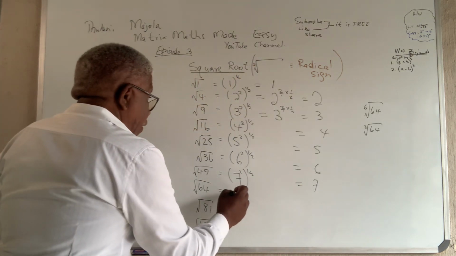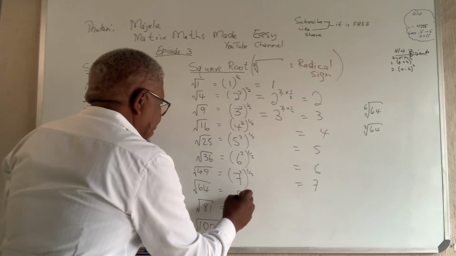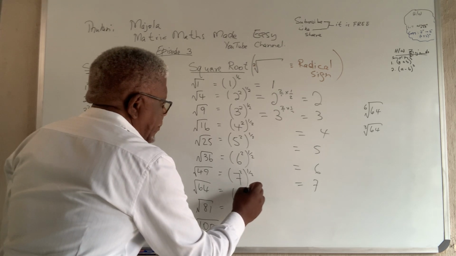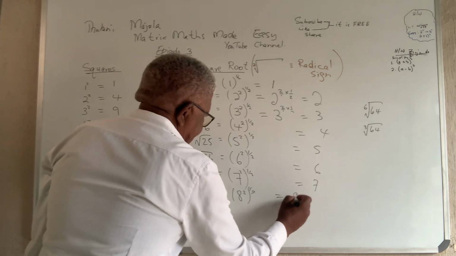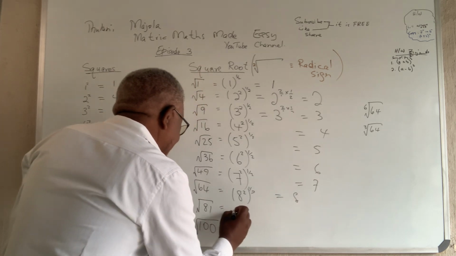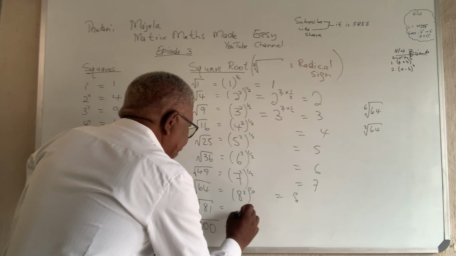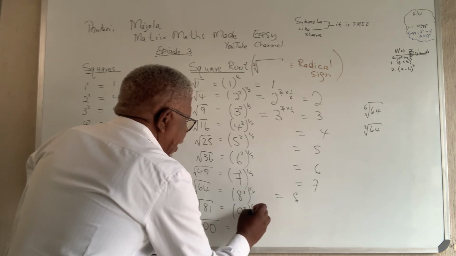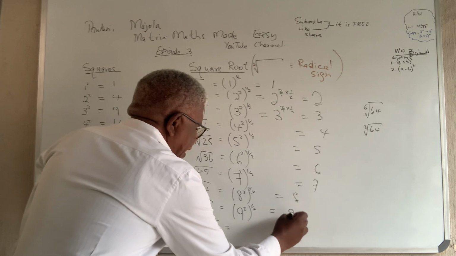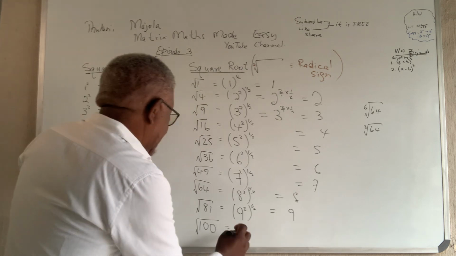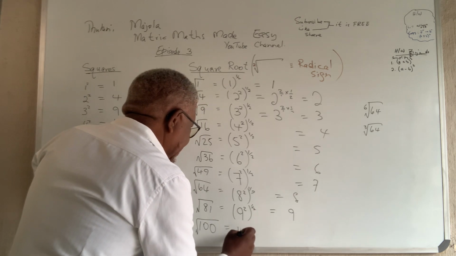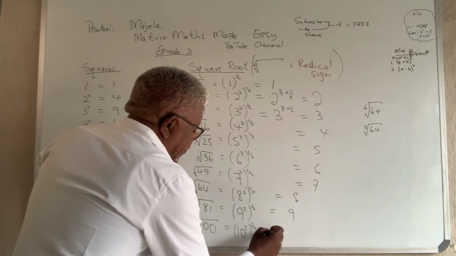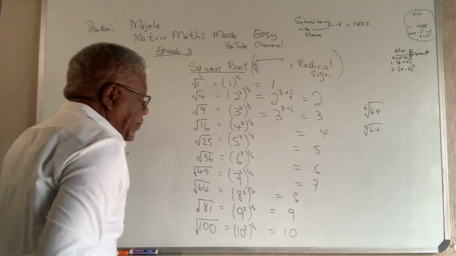Square root of 64 is 8 squared to the half, which equals 8. Square root of 81 is 9 squared to the half, which equals 9. And square root of 100 is 10 squared to the power of a half, which equals 10.